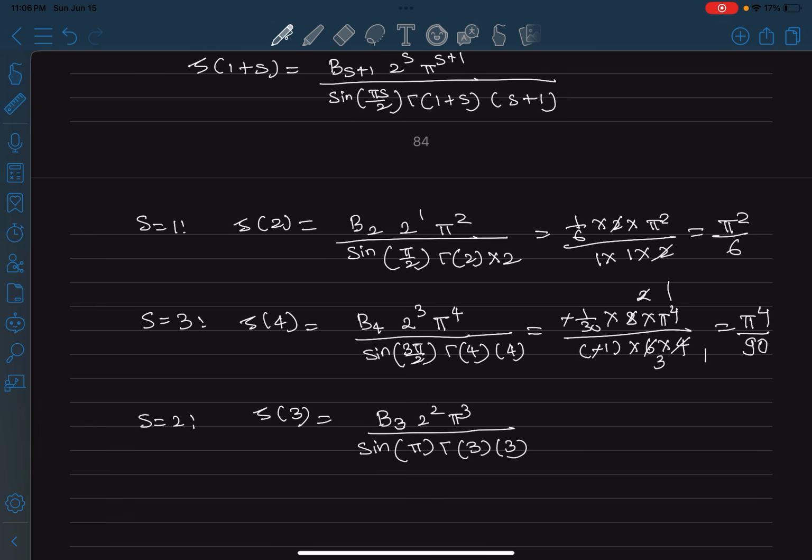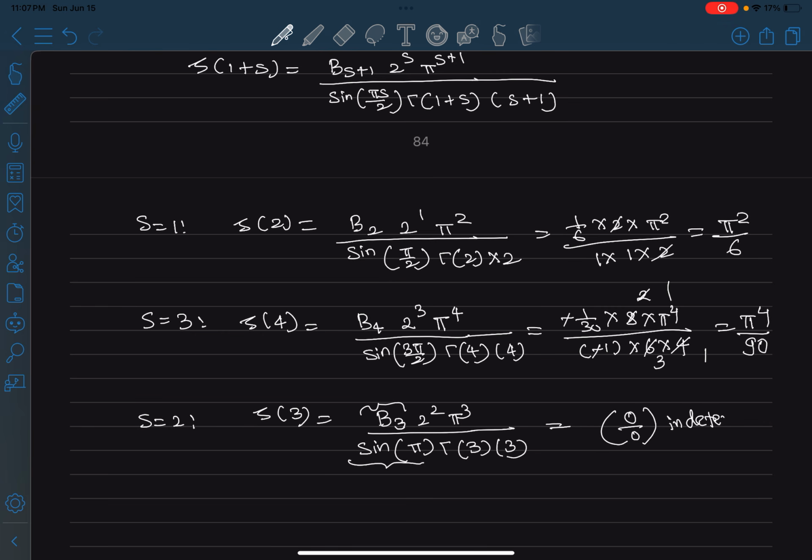Over here it seems like it will be some expression in terms of pi cubed, right? But the thing over here is that sine pi is 0, and also B subscript 3 is 0. So this is actually 0 by 0, which is an indeterminate form, right?